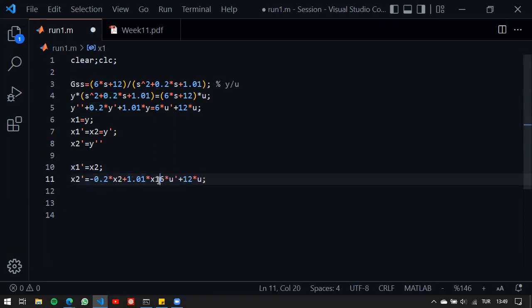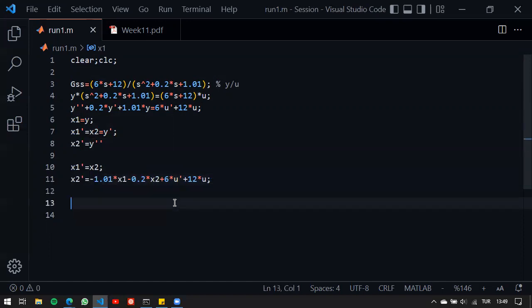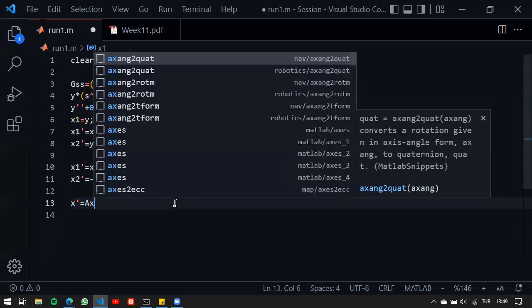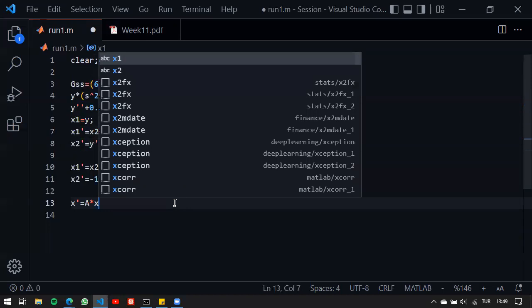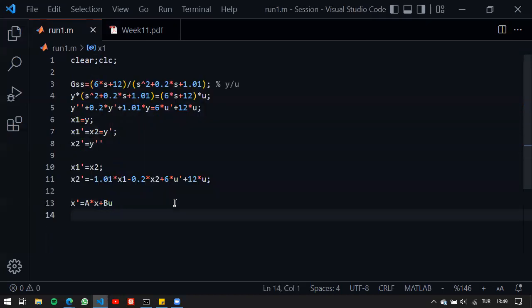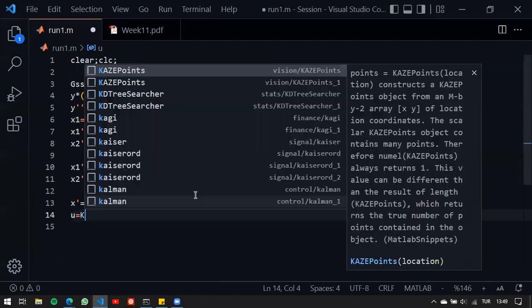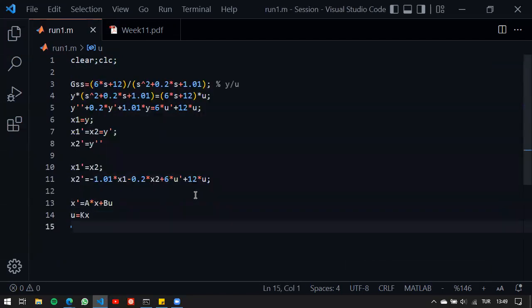So that is another thing. We move this here. Now, this doesn't really fit x derivative equals ax plus bu, does it? So what now? Because in this case, I need to have u derivative, but I don't really have that, because once I have the state space model, I'm going to design u equals kx, and it's not really possible if I have u derivative here.